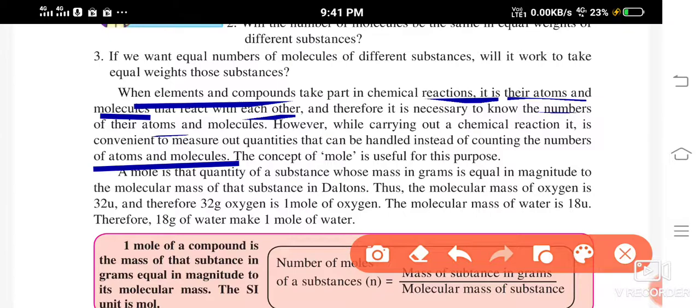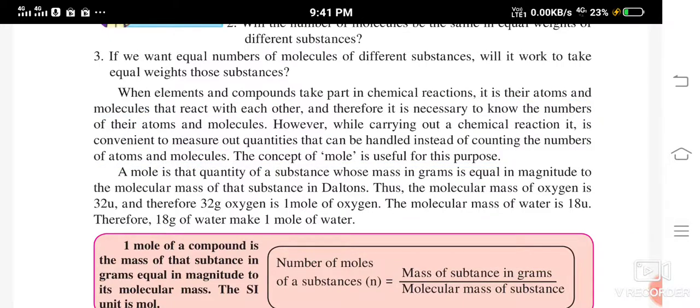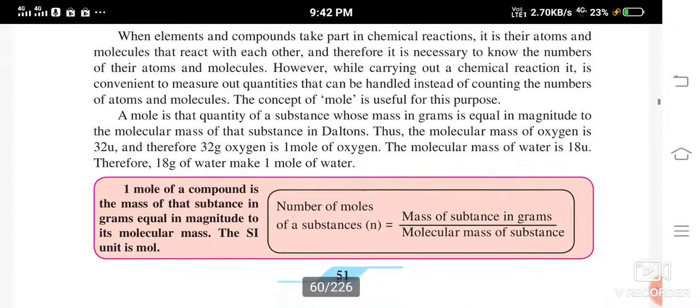So, to handle it properly, it is better to measure out quantities. The concept of mole is useful for this purpose, so that you can measure it properly.